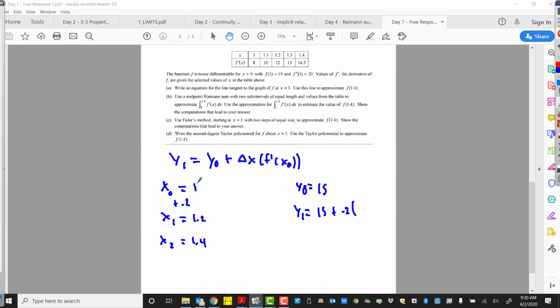Well, our slope at our previous x value was 8. Okay, so this says f of 1.2 is going to approximately be 15 plus 0.2 times 8. And that gives us 16.6.